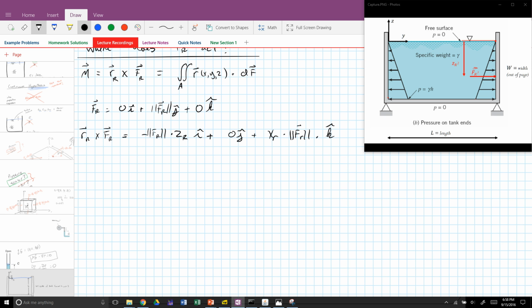All right, so this is the moment component along the x-axis. This is the moment component along the z-axis.